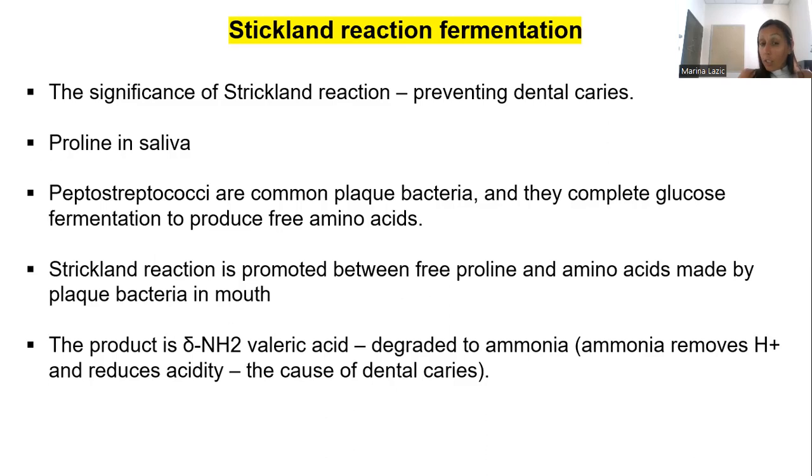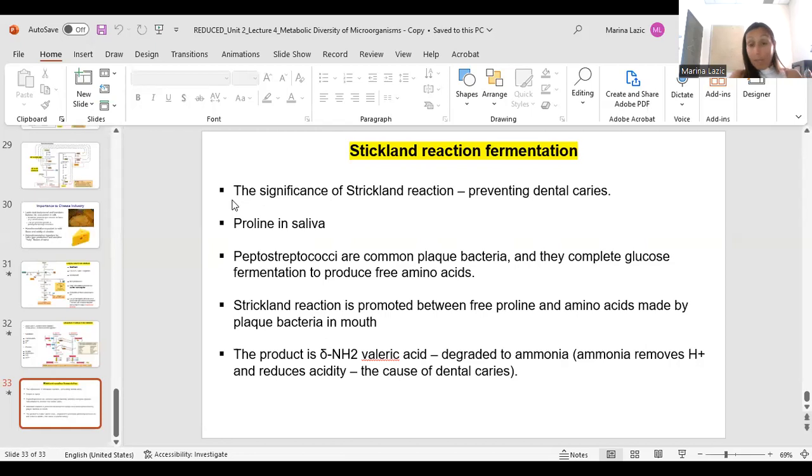This fermentation results in ATP and CO2 production, but also produces valeric acid, and valeric acid is degraded to ammonia. Ammonia is a buffering compound that removes hydrogen ions and reduces acidity in your mouth, which causes dental caries, basically alkalinity of your mouth. And this is pretty much all I had to say for today.